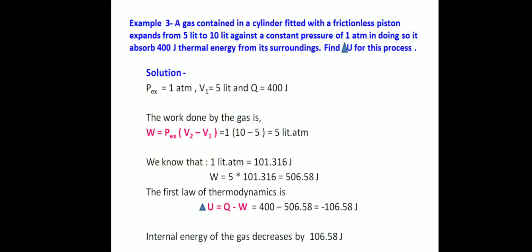So you can calculate W as 5 liter atmosphere and put this value of W and Q in the equation delta U is equal to Q minus W. We get the value of delta U as minus 106.58 joules.